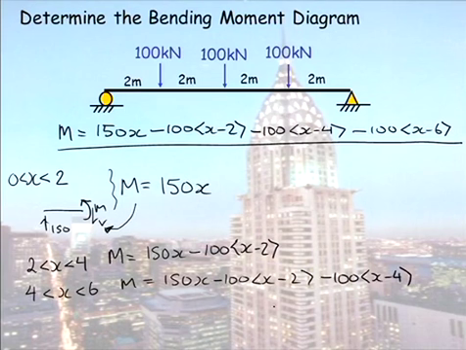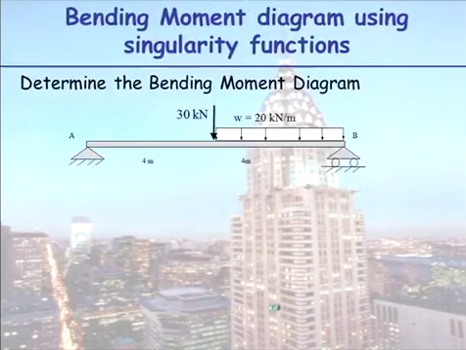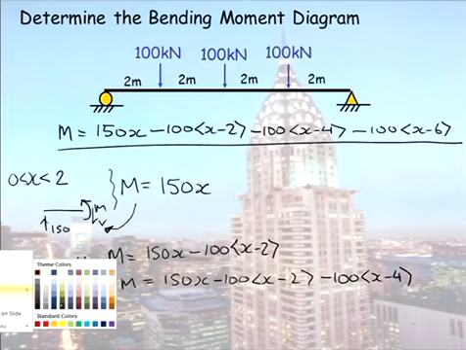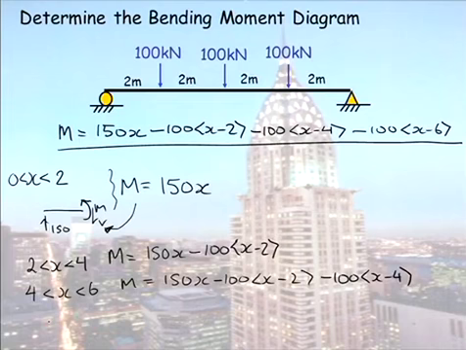So can you see my expression grows in size as you move along the beam? Now if we draw that shape, between 0 and 2, my bending moment is 150x. There's that line there, so my bending moment has a value here of 300.